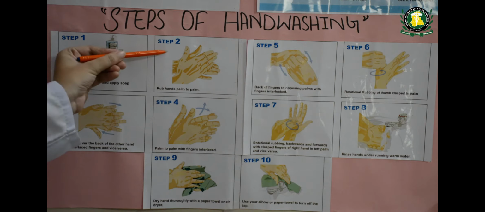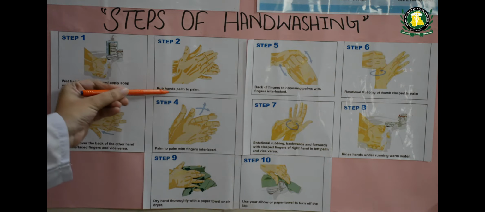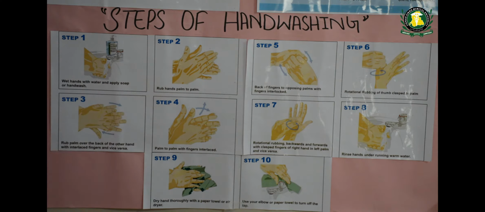Then step 2 is rub hands palm to palm. Step 3 is rub palm over the back of the other hand with fingers interlaced and vice versa. Step 4 is palm to palm with fingers interlaced.